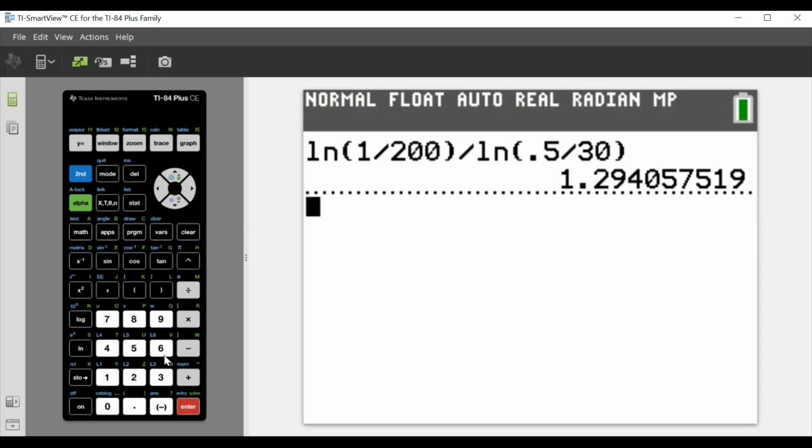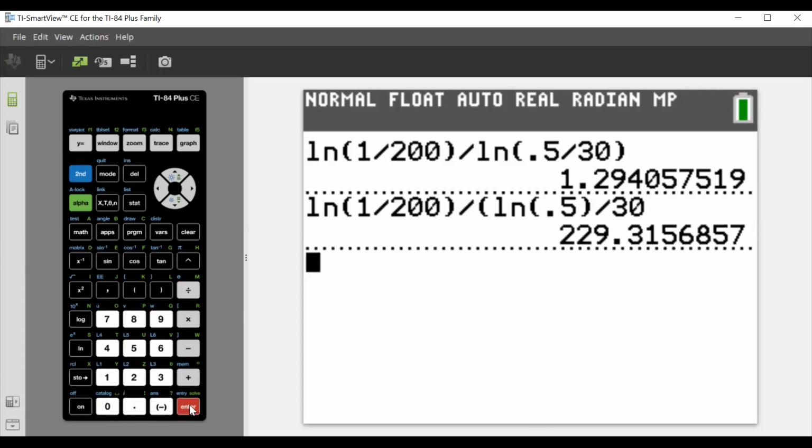What did I divide here wrong? Oh, I'm doing it wrong here. Let's do this. All right, so we put our extra parenthesis here. That is the ln of 0.5 divided by 30. All right. So 229.3 years.